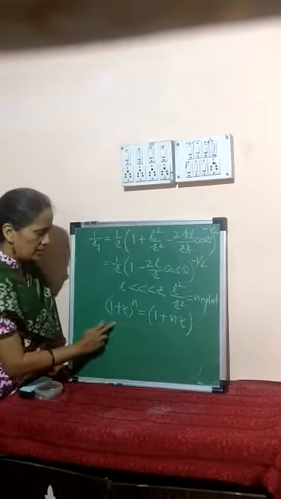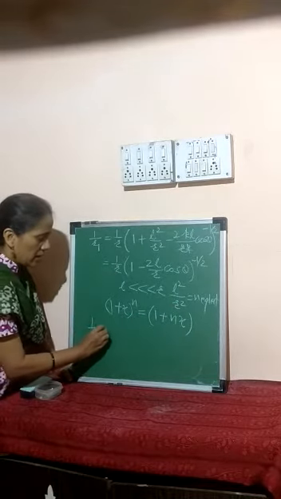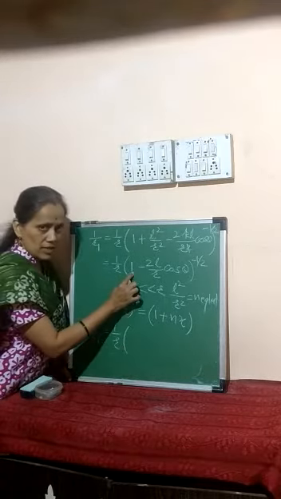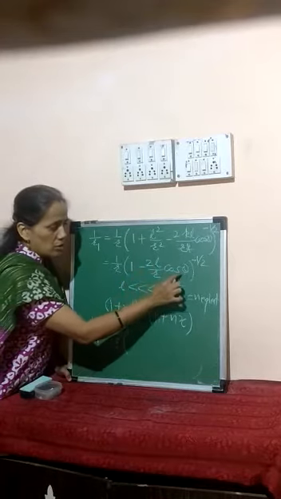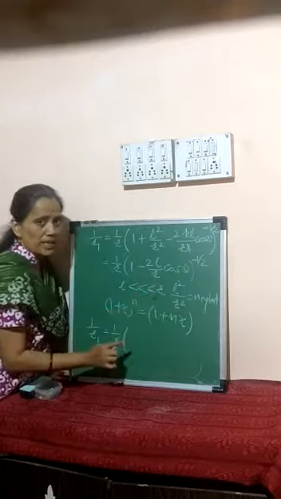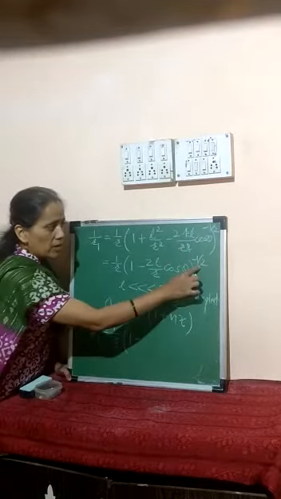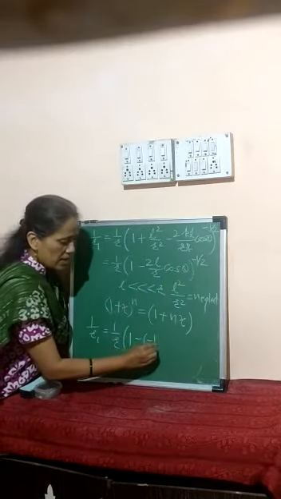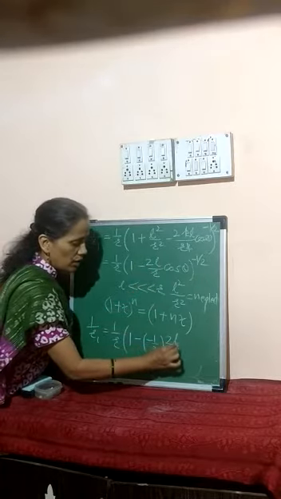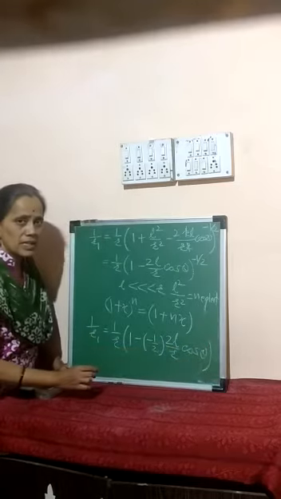So using that binomial theorem, now we can switch over to the value of 1 upon R1 is equal to 1 upon R inside the bracket. 1 is the first term, twice L upon R cos of theta is the second term, and the power is minus half. So first term as it is, so 1 as it is, minus half into the next term, the x term, twice L upon R cos of theta, and the higher terms are neglected.